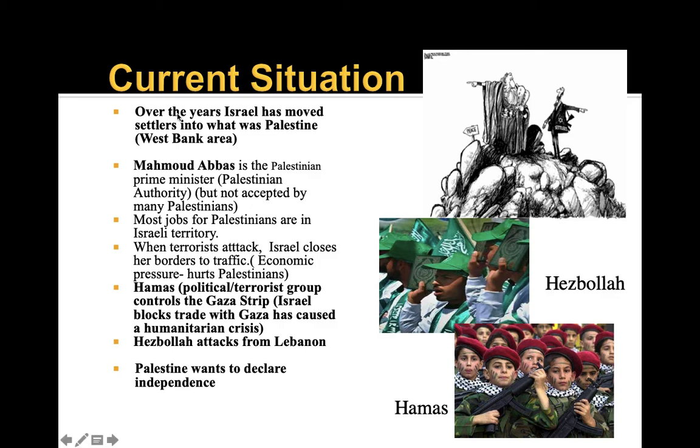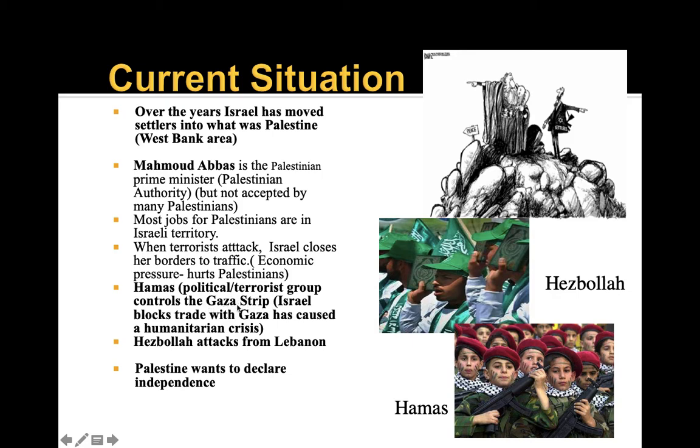And then many Palestinian Arabs didn't like the agreement either. One of the main groups is called Hamas, and they do not want Israel to exist as an independent country, and they have gained over the years complete political control of the Gaza Strip area.